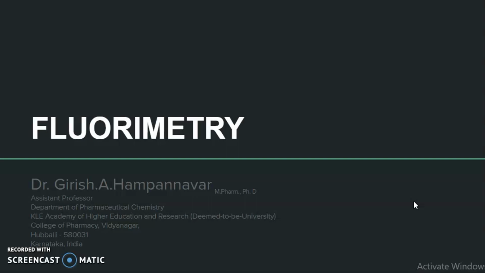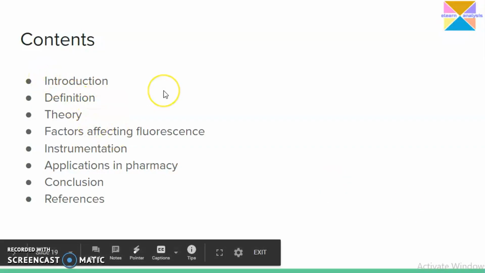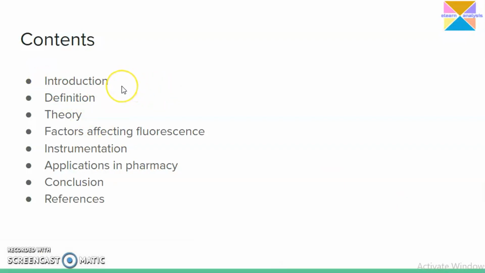So in this particular session, we'll be continuing with the remaining part of fluorimetric discussions, which we started in the previous episode. The previous episode had a discussion regarding the introduction, definition, theory, and how the fluorescence and phosphorescence phenomena were happening.